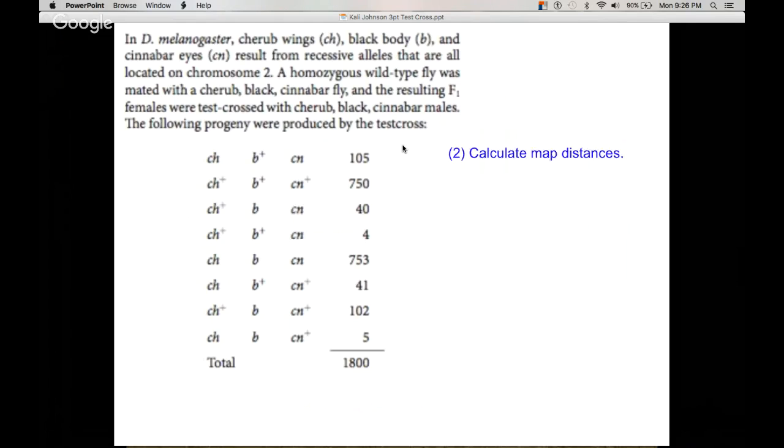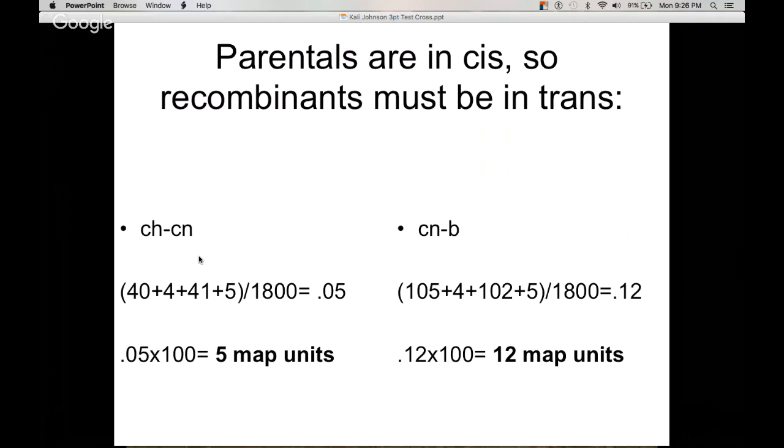So you can see that the two parentals are in cis, which means they're all the same. They're all dominant alleles, and then they're all recessive alleles. So in order to find the recombination frequency, you have to find the ones that are in trans for those two genes.